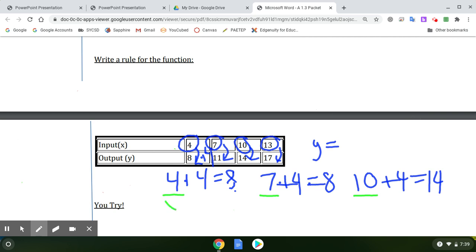So these are all just x. And then each of these numbers represent our output. So we would replace them with y. And that allows us to write our rule, or what I've said in class called generalizing. So we have y equals x plus 4.